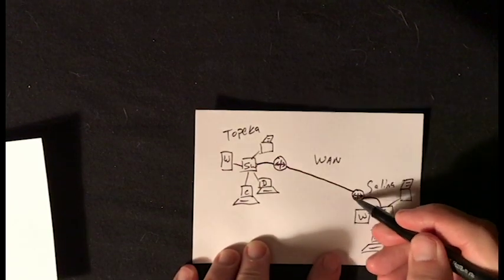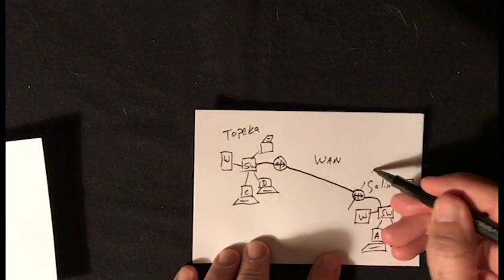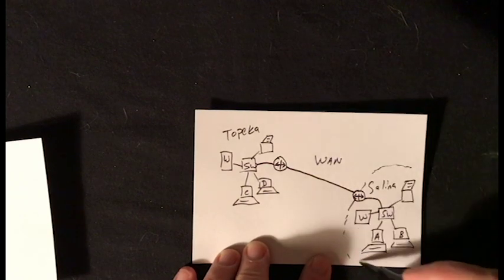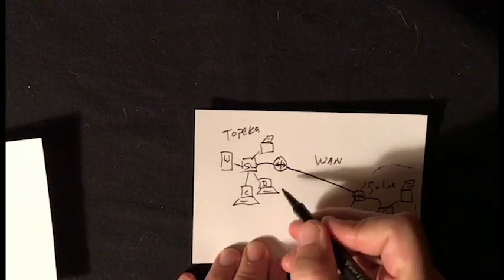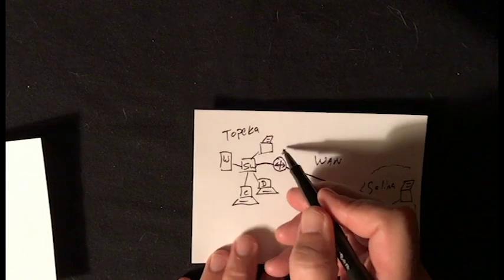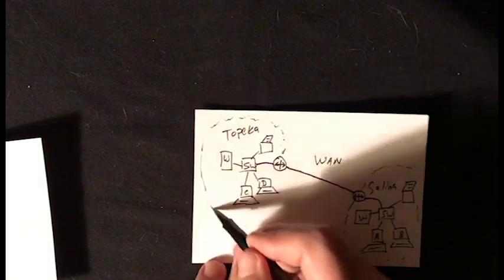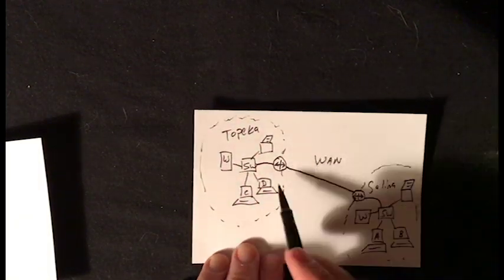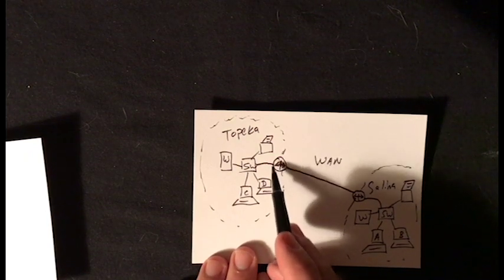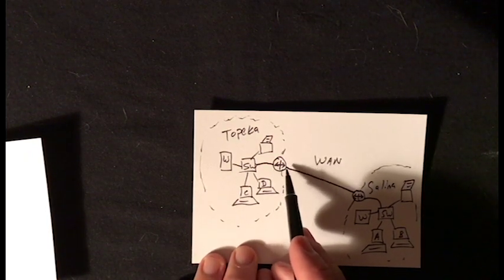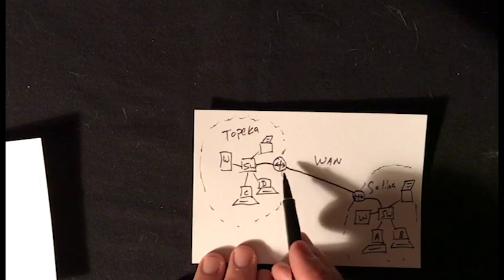The router is basically the gateway point between networks. That's the definition of what a router does. A router connects networks together. So this router is actually another computer, but with a specialized task of connecting networks together.